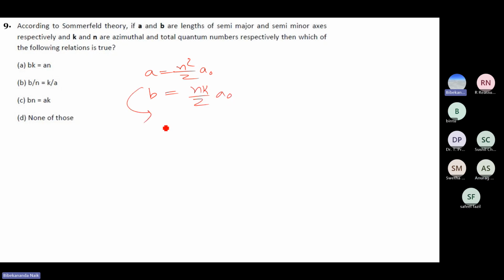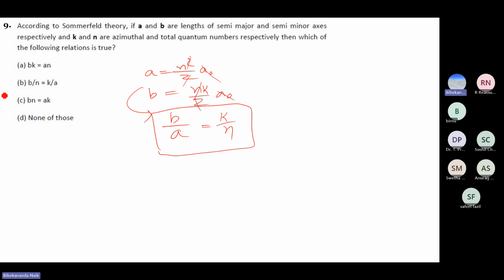If you compare these two, B by A will be k by n, is it not? These factors will cancel out, so B by A will be k by n.